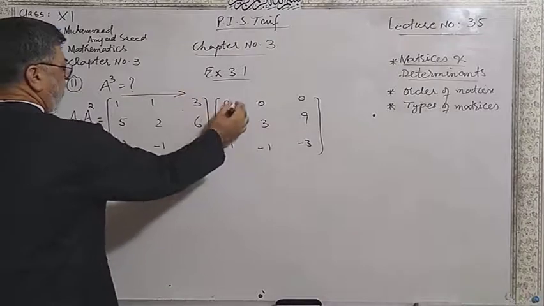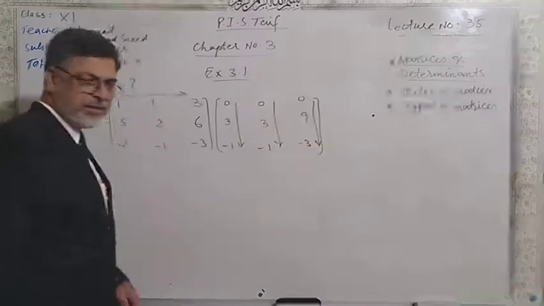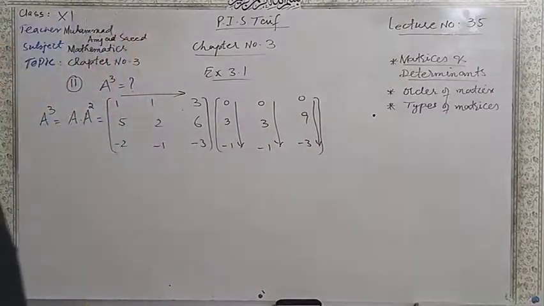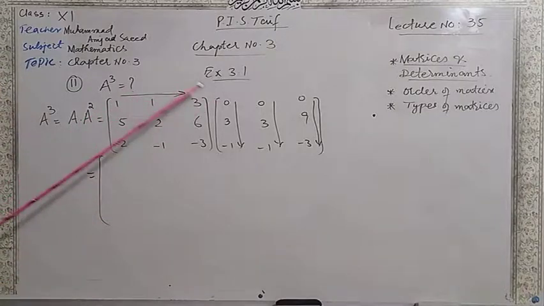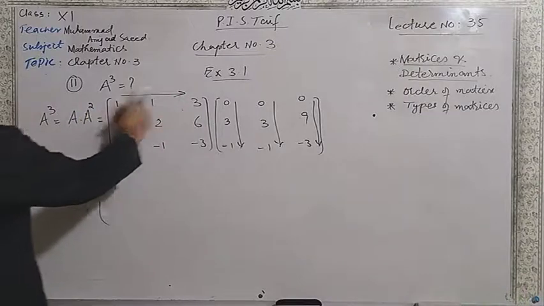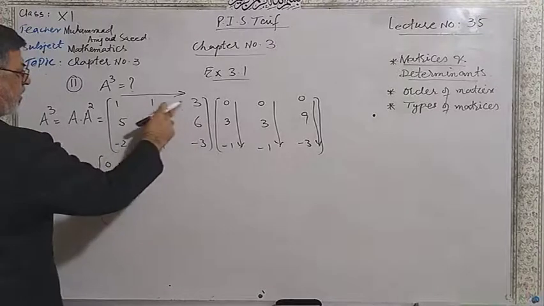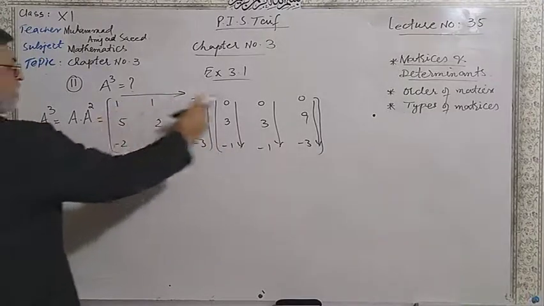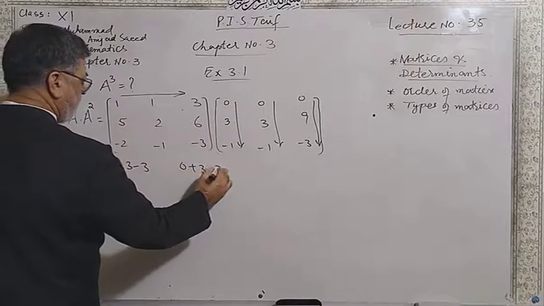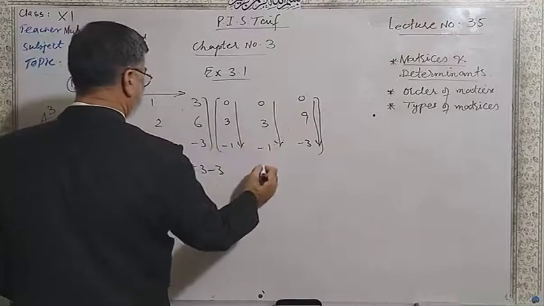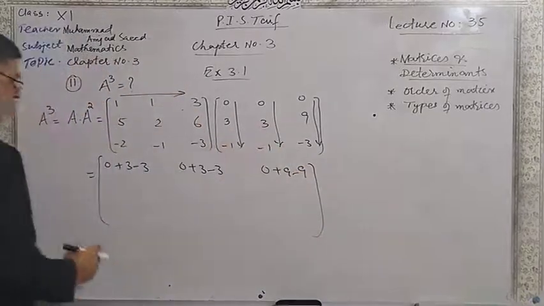First row, first column, first row, second column, first row, and third column. Now we can have first into first plus second into second plus third into third, and again for each column. 0 plus 3 minus 3, and then minus 9.